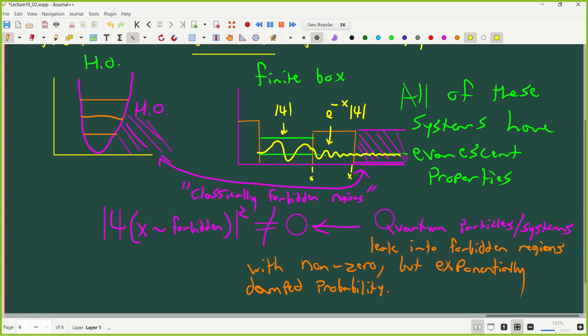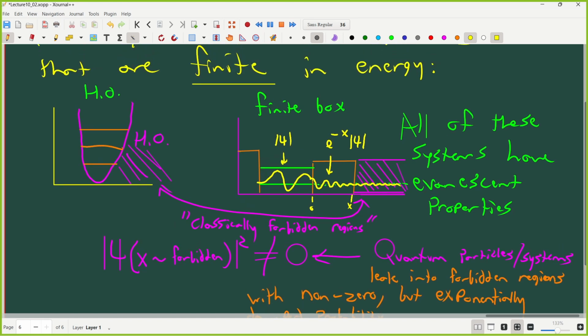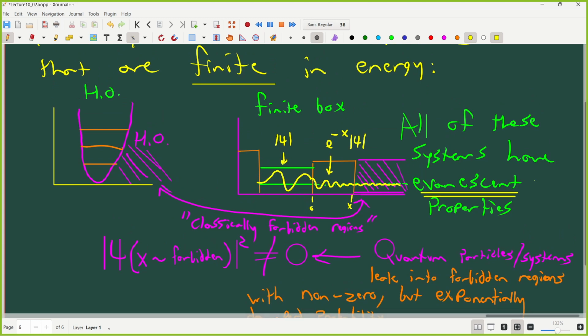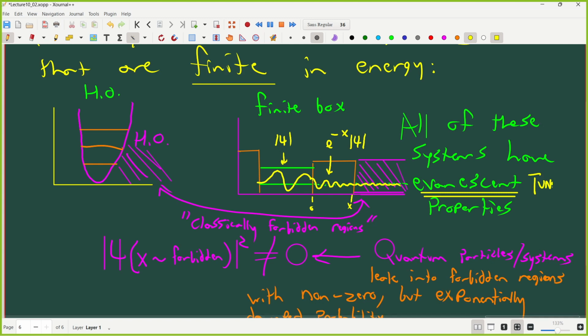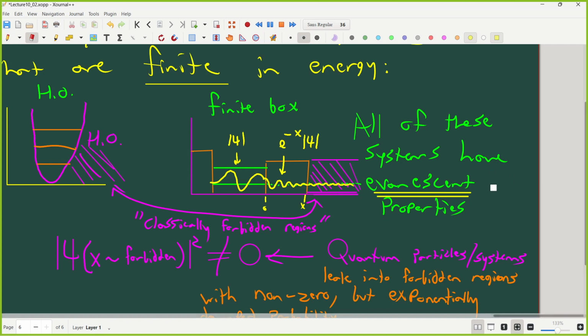There's a term for this, and we'll explore it next class with the harmonic oscillator. This idea of evanescent states, this is called tunneling. I'll write that right here.